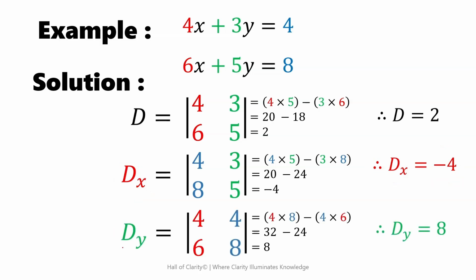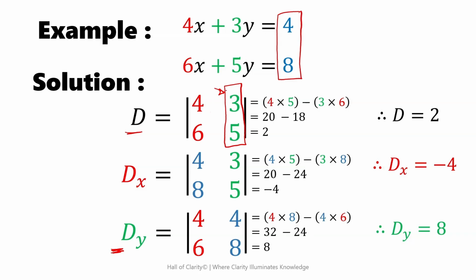We will write determinant Dy. This determinant Dy is written using our determinant D. To write determinant Dy, we replace the coefficients of y from both the equations with the constants, that is 4 and 8.